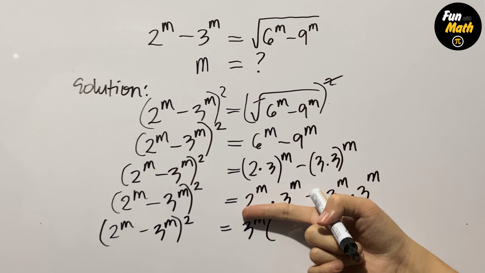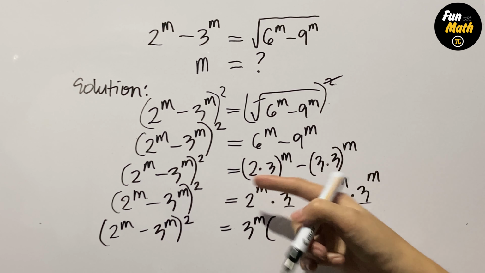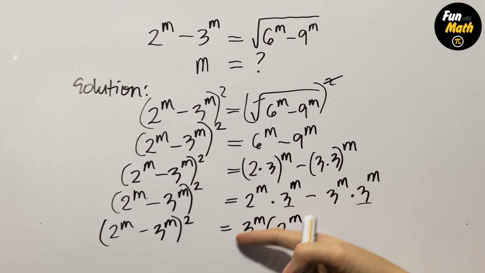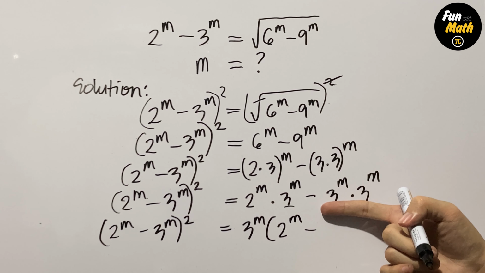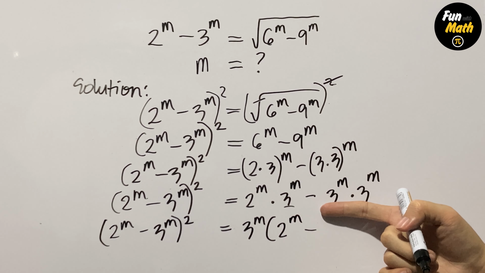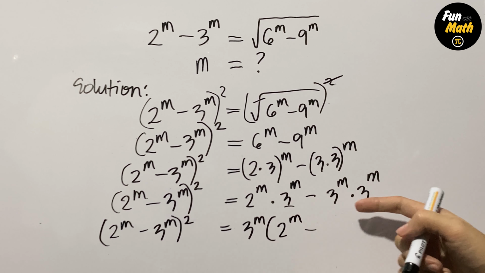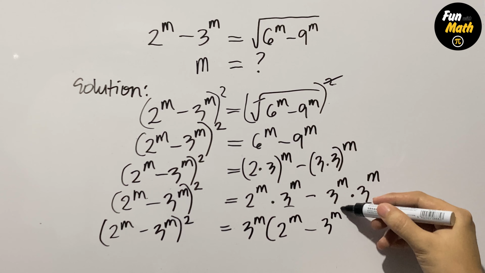If we divide 2 to the power of m times 3 to the power of m by 3 to the power of m, we're left with 2 to the power of m because it will be cancelled. Next, minus 3 to the power of m times 3 to the power of m divided by 3 to the power of m. One will be cancelled, and the remaining is 3 to the power of m.